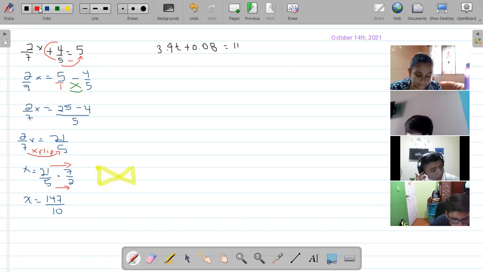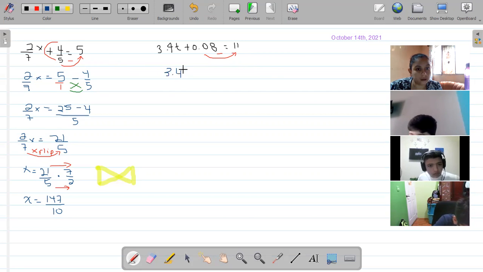Move 0.08, I think. Exactly, because that's the first thing that I need to move. And how does it go to the other side? Subtracting, very good. So we're gonna have left 3.4t is equal to 11 minus 0.08.